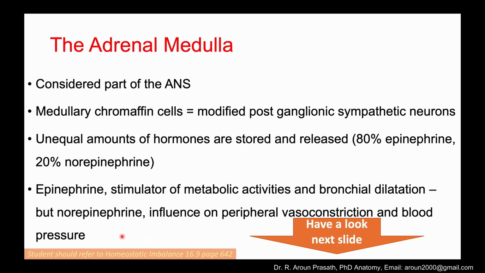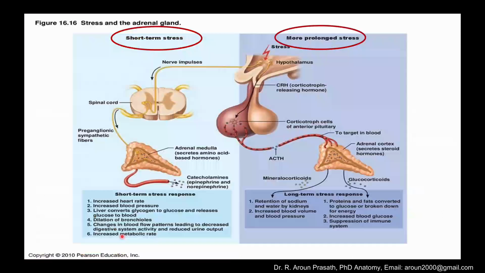So there are a lot of pharmacological uses with this adrenaline and noradrenaline. Okay, as I told you, the nervous system, the spinal neurons from the spinal nerves will stimulate the adrenal cortex and adrenal medulla and make them release this stress hormone epinephrine and norepinephrine.